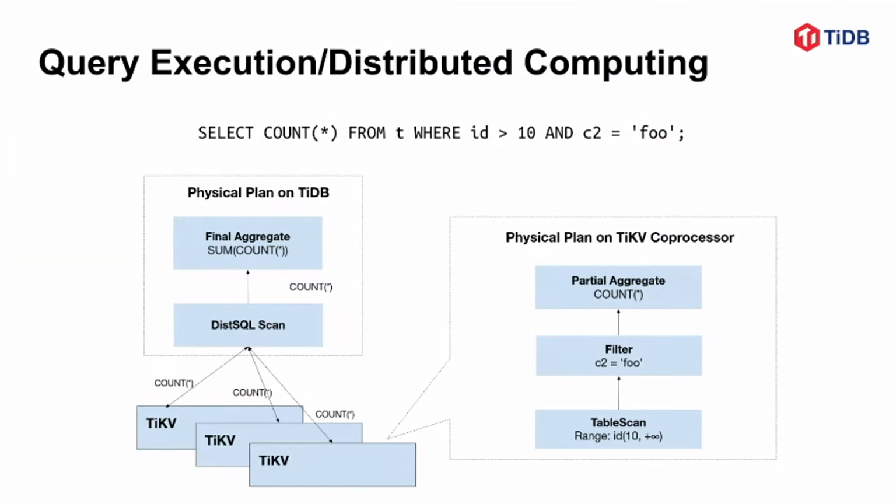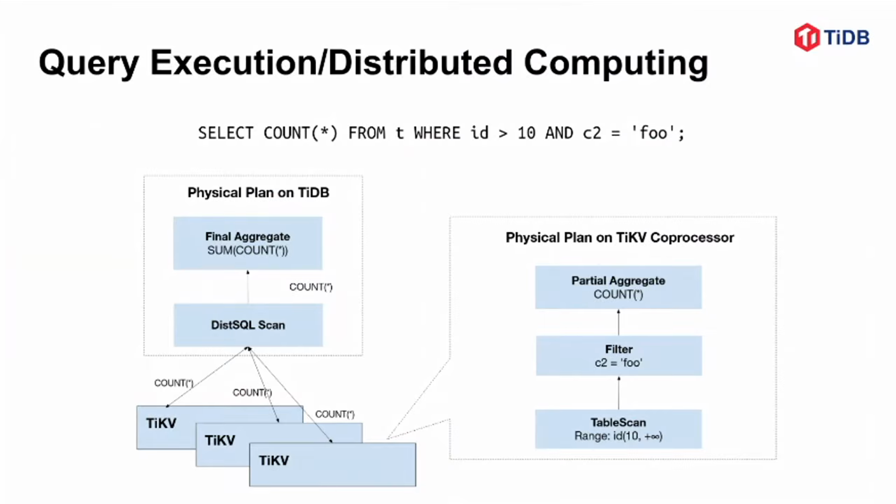So what I explained before is that the TiDB nodes are doing the SQL processing, and then the TiKV nodes are used for storage. But we made this to be a quite intelligent storage node. So the TiKV nodes can also be used for the push down of queries.